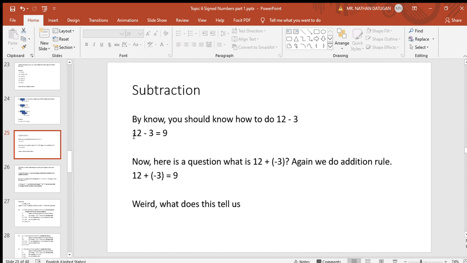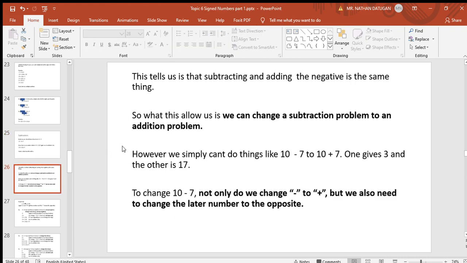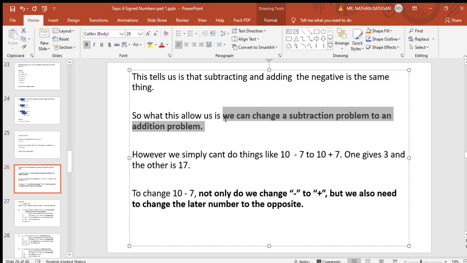So what does this tell us? We have 12 minus 3 equals 9, and 12 plus negative 3 equals 9. Well, it tells us that subtracting and adding the negative is basically the same thing. So we can change a subtraction problem to an addition problem, and this really helps us.